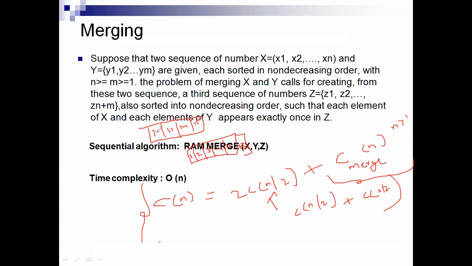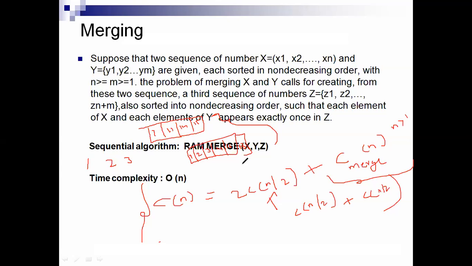First both are compared here, so 1 and 7, one is stored here, then 2, then 3, then 7, 14. In these cases both arrays are not empty, because each time one index is incremented by 1, and this process will continue.